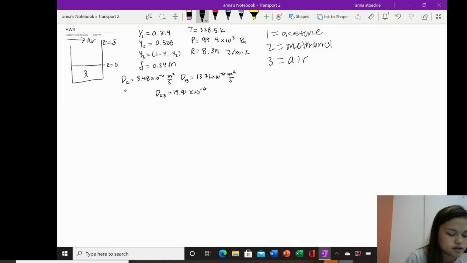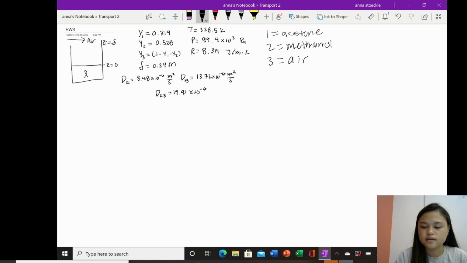And then these are our Maxwell-Stefan diffusivity constants, and they are given here for 1-2, 1-3, and 2-3.